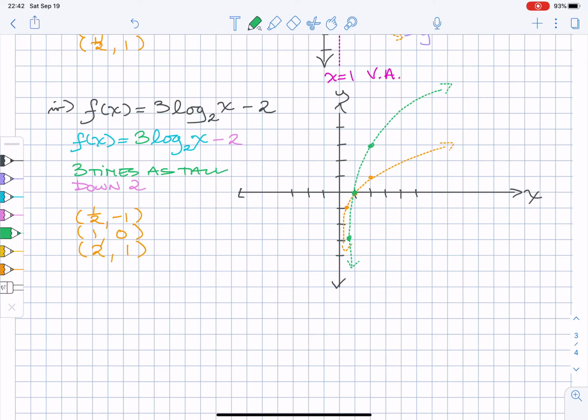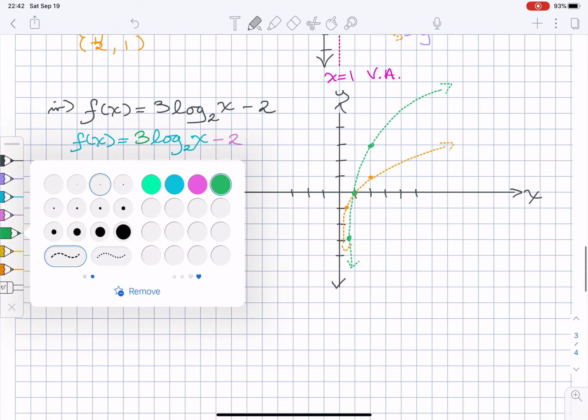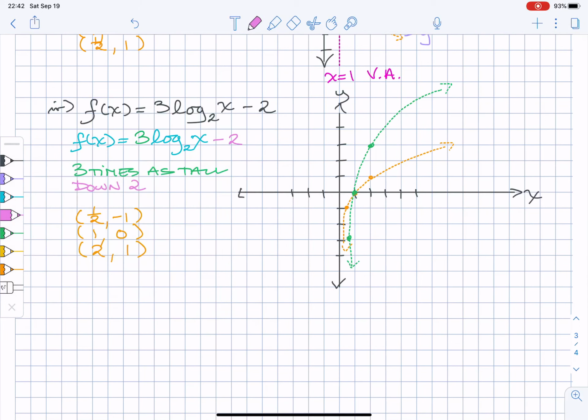And that's what we're going to shift down 2 units, that 3 times as tall guy. So what we get is something that looks like so, down 2 units.